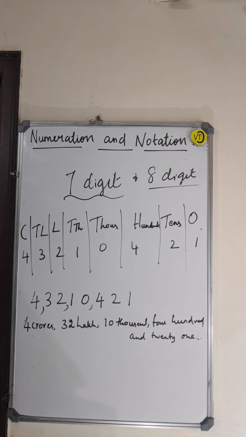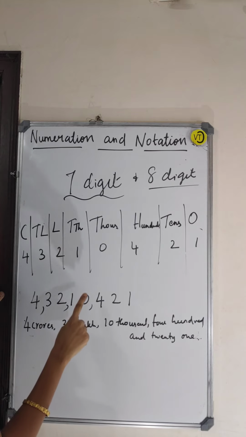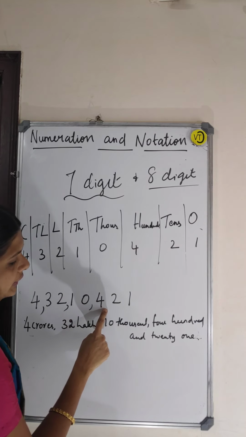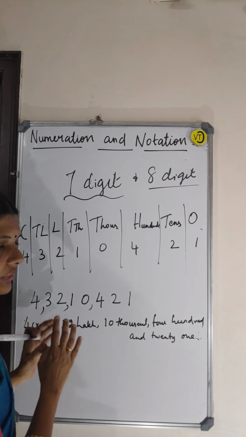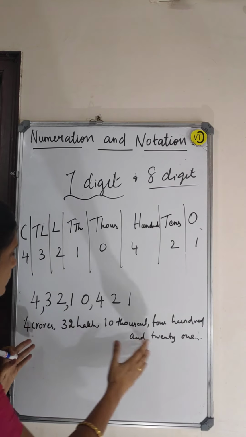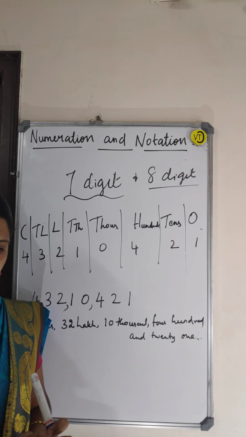This way you have to read. How to read? 4 crores, 32 lakhs, 10,000, 421. So this is the way of naming it, the number names of the 8 digit number.